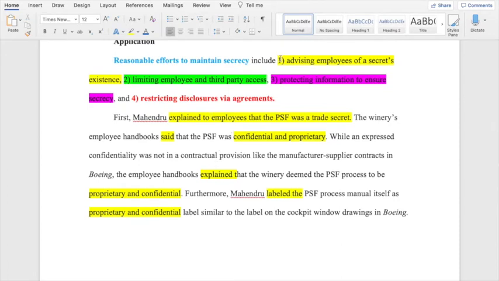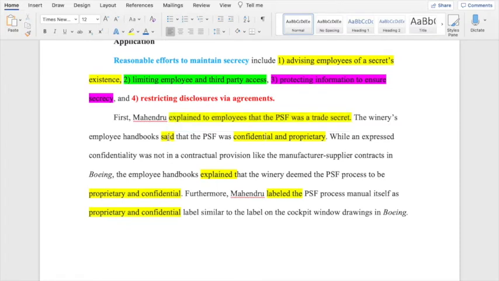All right, so the first category here, advising employees of a secret's existence. So here in application, they're saying, first, the plaintiff explained to employees that the PSF was a trade secret.